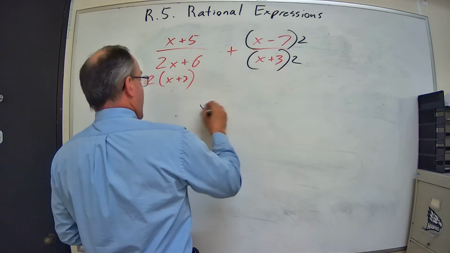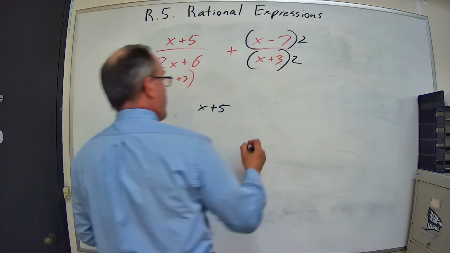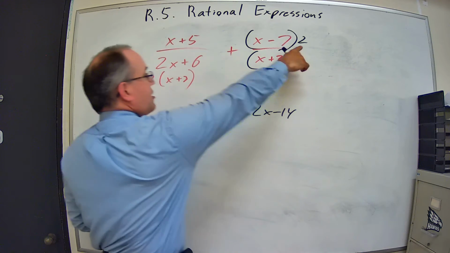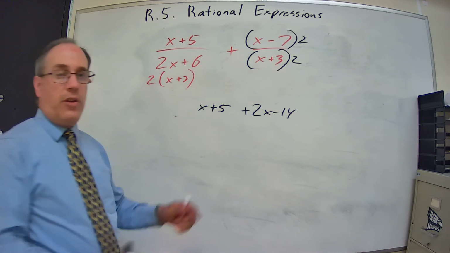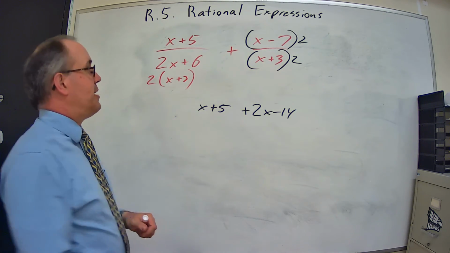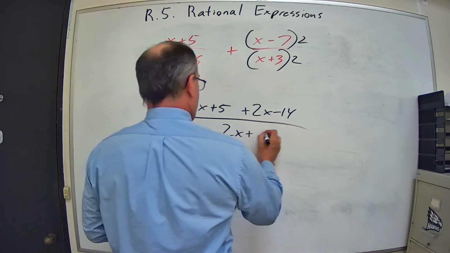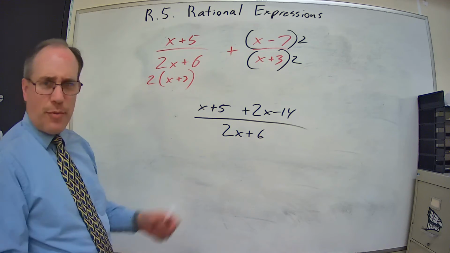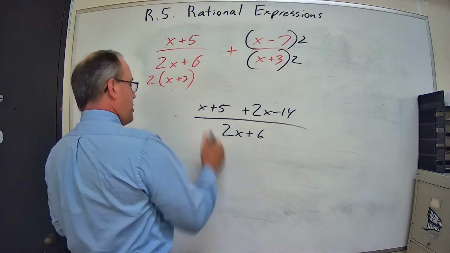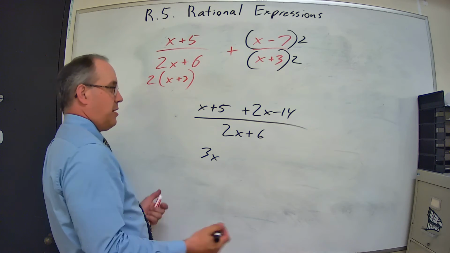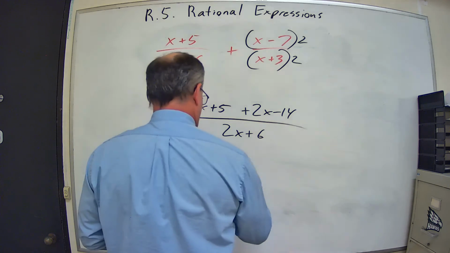So now I can say x plus 5 plus 2x minus 14. I just multiplied that 2 through while I brought it down, over 2x plus 6. So I guess I am going to go through it. So 2x plus x is 3x, plus 5 minus 14 is minus 9.